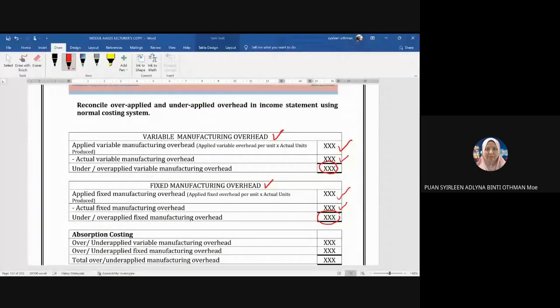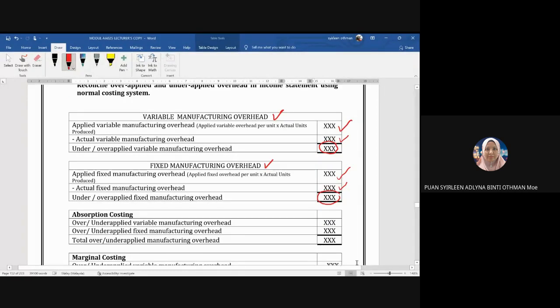Kalau untuk absorption, dia akan campur dua ni. So, for absorption costing, over apply atau under apply yang you kira dekat sini, you akan bawa pergi sini. Over apply dan under apply yang you kira dekat sini, you akan bawa ke sini. And then kita jumlah. So, nilai ni yang akan appear di COGS, di absorption costing statement.